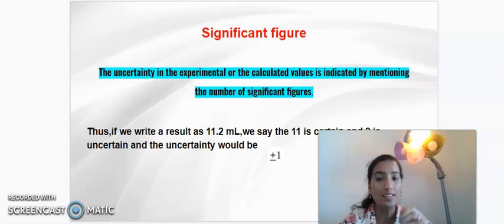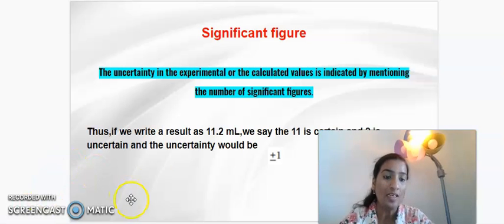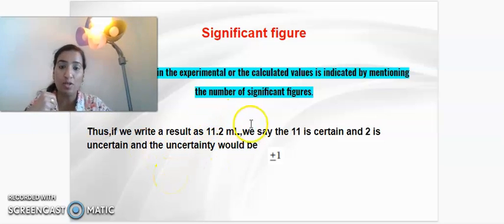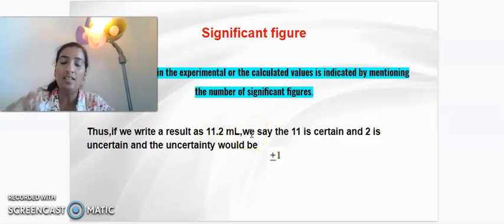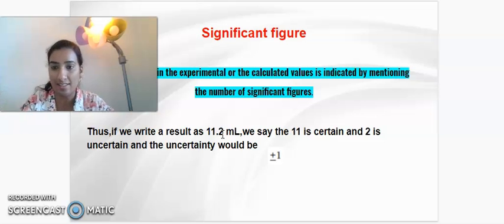The uncertainty in an experimental or calculated value is indicated by mentioning the number of significant figures. That's why we are learning significant figures here. If you are doing a volumetric analysis and you get the result as 11.2 milliliter and write it as 11.2 milliliter, in this case the 11 is certain. We are sure that 11 is there, and the 0.2 is uncertain.